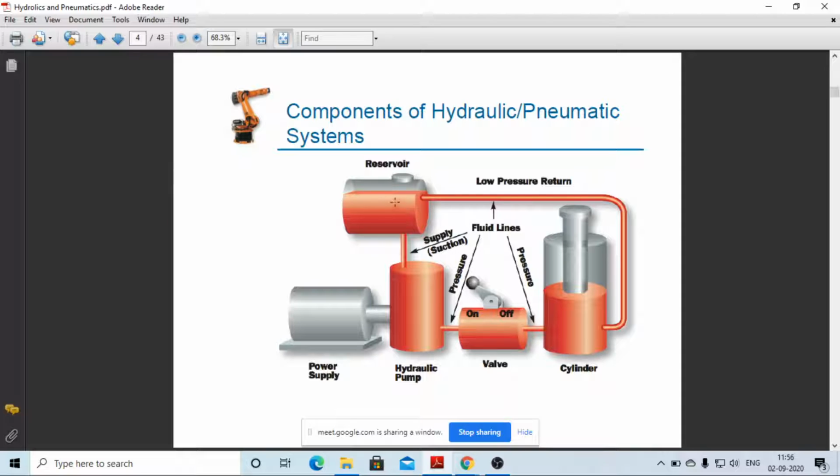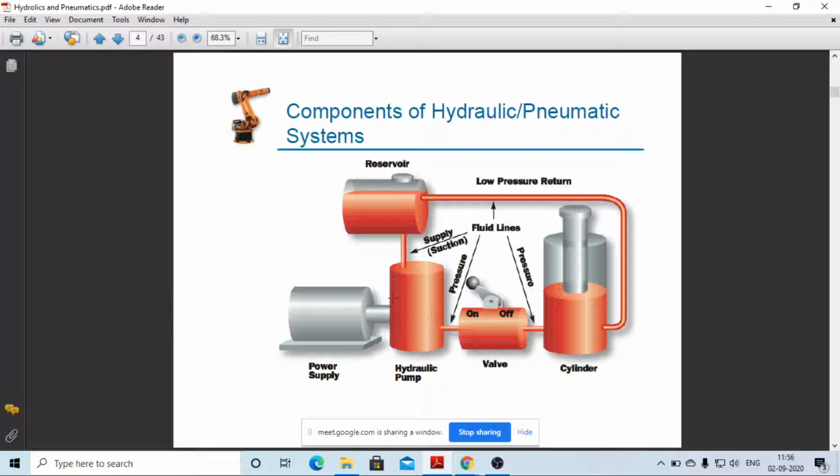There is a need for a tank, that is called the reservoir. And from the reservoir there are two connections. One is called the pressure line, which comes from the hydraulic pump.